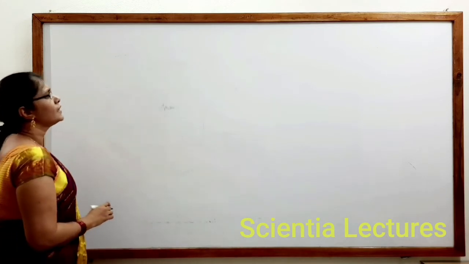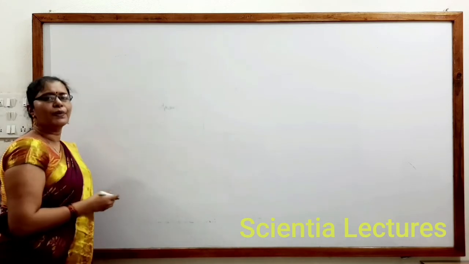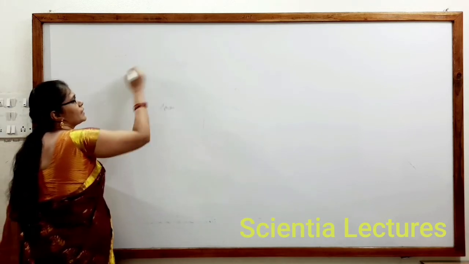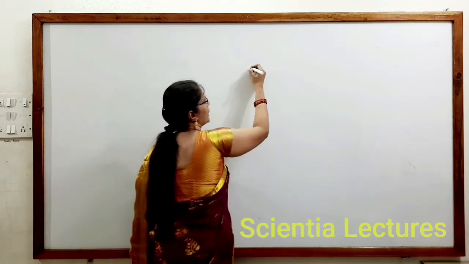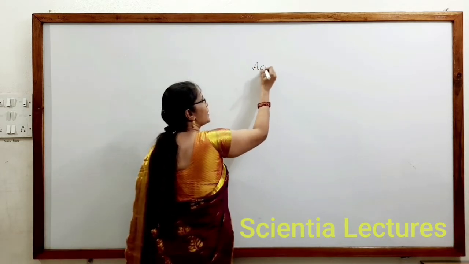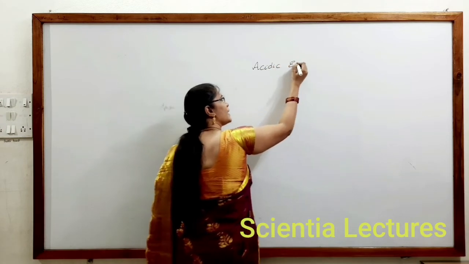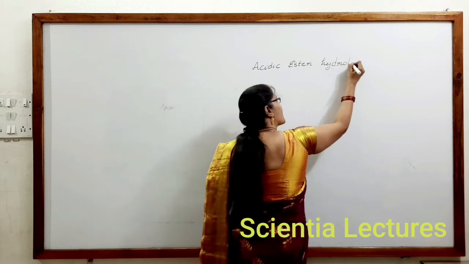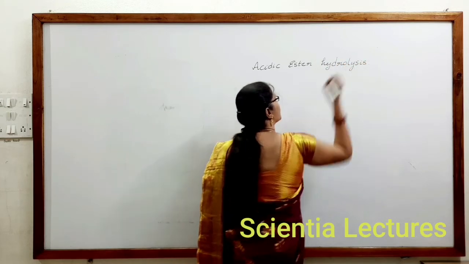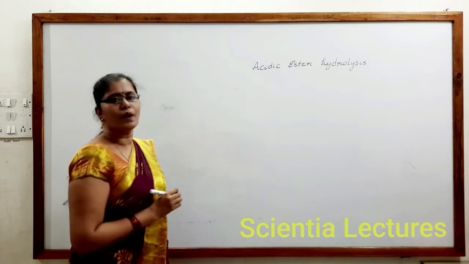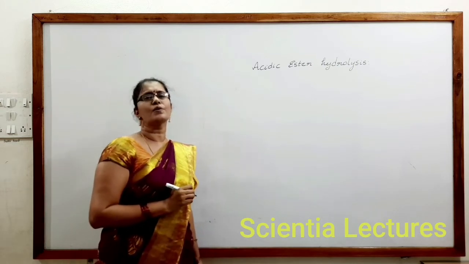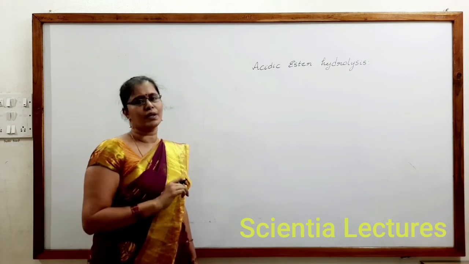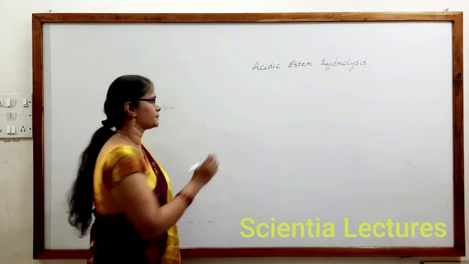Now, let us check another example for the volumetric analysis method. Another first order reaction we will take: acidic ester hydrolysis. On hydrolysis, an ester produces an acid and alcohol, which is a common reaction in organic chemistry.